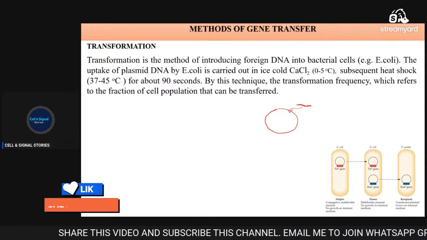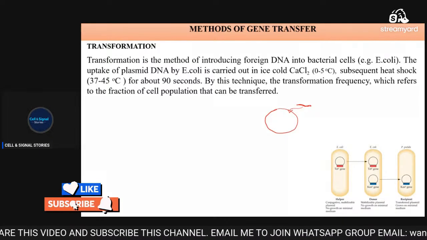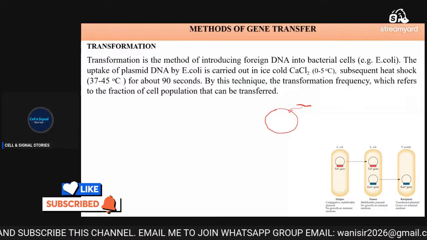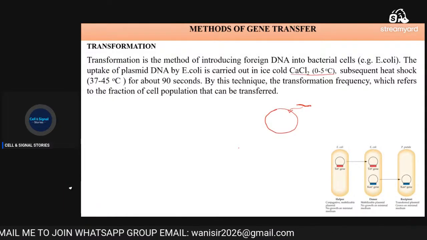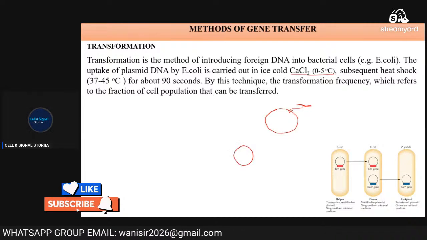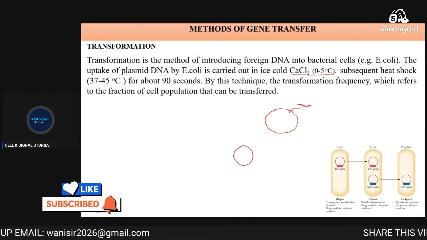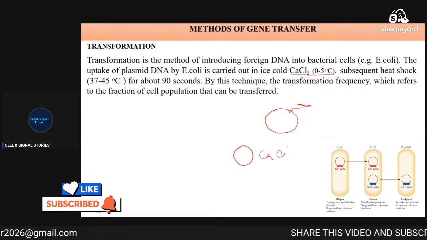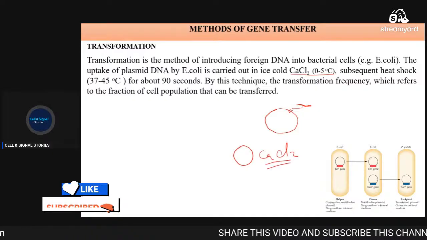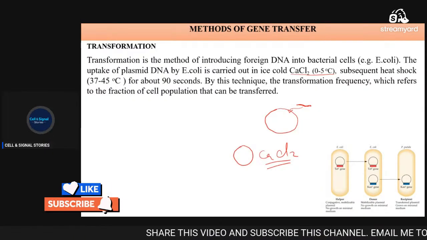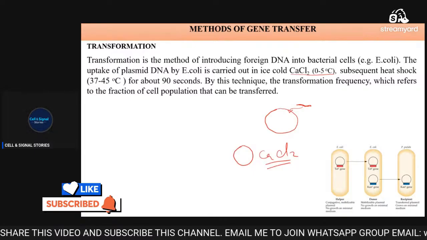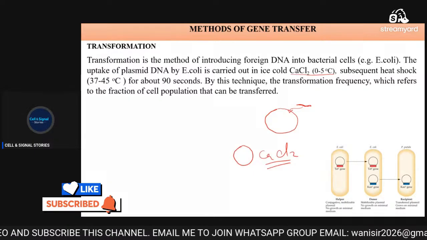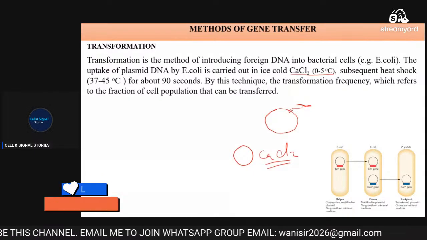The uptake of plasmid DNA by E. coli is carried out in ice cold calcium chloride, 0.05 molar. That means we need an ice cold buffer that carries calcium chloride. Why calcium chloride? Calcium chloride causes the opening of the pores.